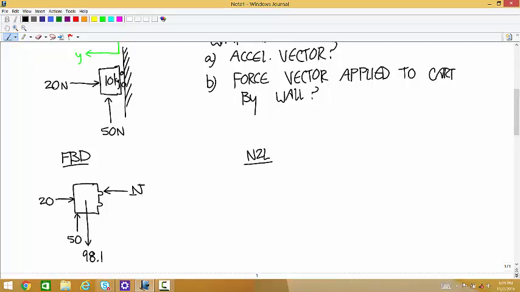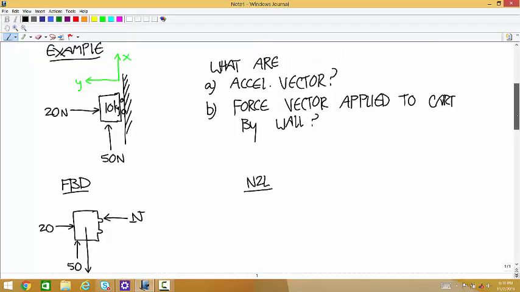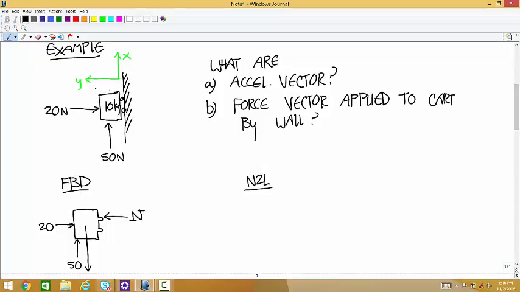Okay, so now all of these we have to think in terms of those vector problems. We have this funny orientation of the coordinate system, and we're representing these vectors in that coordinate system we're not so used to. Okay, so that 20 Newton force is in the negative y direction.